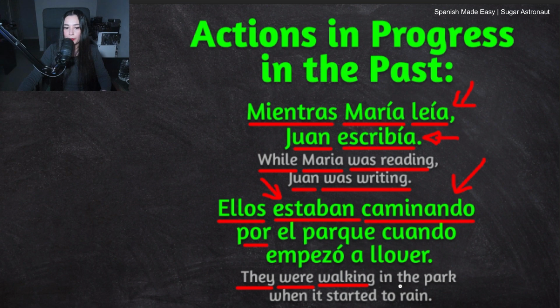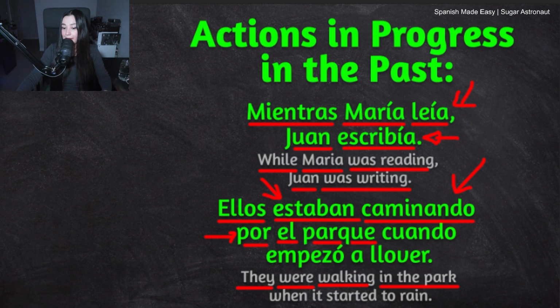Por el parque is similar to saying in the park. Okay? Por el parque, in the park. I know that por means for or by, but in this situation, when saying por el parque, it means in the park.